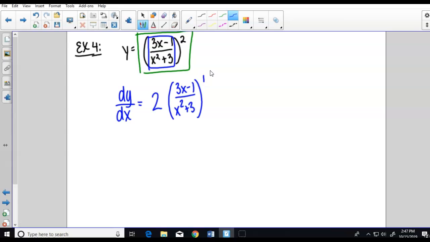And that's just the derivative of the outside box. That's the derivative of the something squared. So now we've got to take the derivative of the inside. But to take the derivative of the inside, you're going to have to do the quotient rule. So I'm going to put some brackets over here and pretend that this first part right here doesn't even exist for a little while, because we have a lot of work to do over here with the quotient rule.